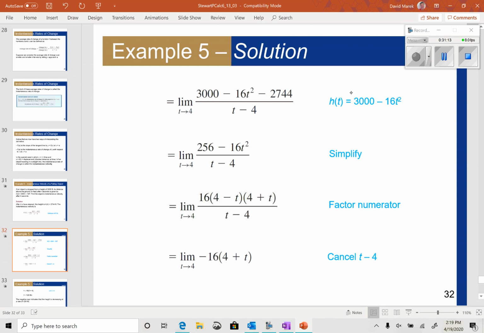Oh, look, the numerator not only has a common factor of 16, but then we can factor that down because it's the difference of perfect squares. And now notice here, 4 minus t and the t minus 4 are almost identical. So if we take, say, that numerator and factor out a negative 1, then we can reduce those. But realize we get that negative that wasn't there before.